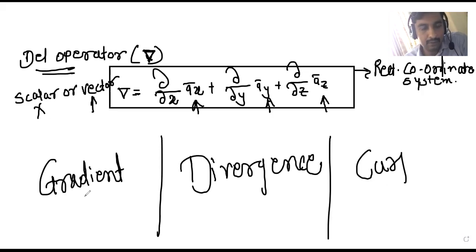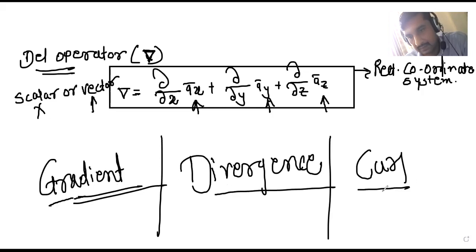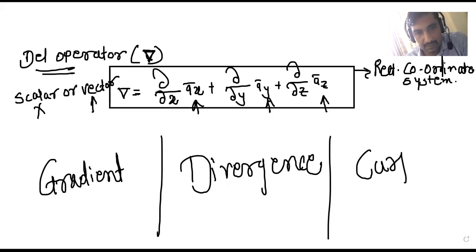I hope you might have heard those terms somewhere, but we are going to study those terms in detail. That's why I'm taking a common picture, like you are going to study gradient, divergence, and the curl, right? So let us start one by one, and let's begin to understand what is gradient.